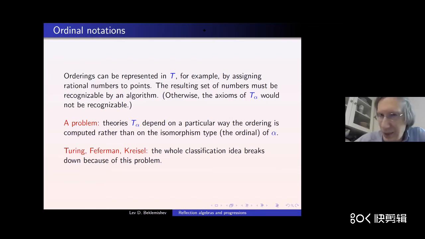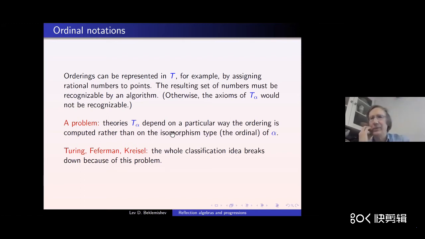Now there was this additional requirement needed for Turing progression stated here, that the ordering must be computable. And this amounts to the requirement that the subset of the rationals that we select is computable as a set of rational numbers.